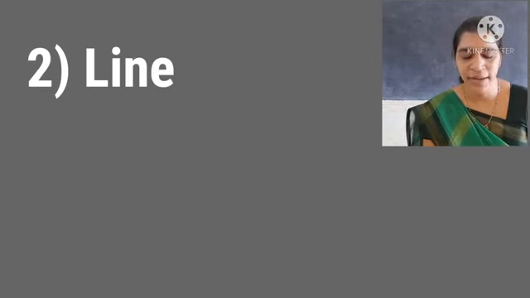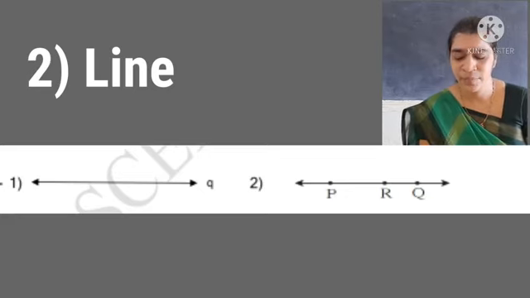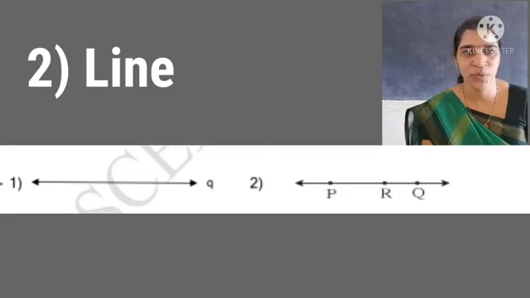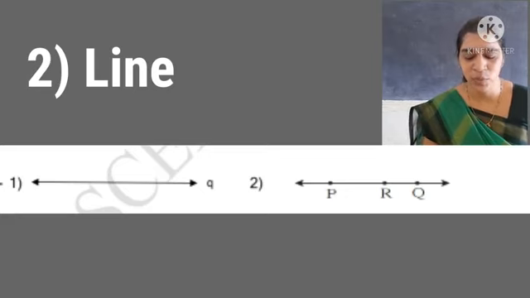So how to read the line? See the figure given here. In this point is shown, then line is given. We can denote this by line Q. Second figure is given line PQ or line QR, or you write as line PR also.